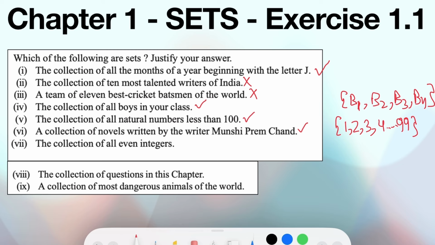So it is a set. The collection of questions in this chapter, again it is limited in nature, so it can be represented in the set form. A collection of most dangerous animals of the world. So according to one person, the list can be different, and according to another person, the list can be different. So it is not a well-defined collection of elements of animals of the world. So this can't be considered as a set.